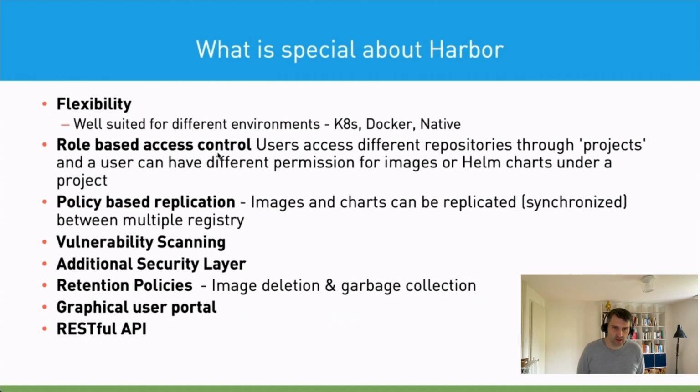Policy-based replication means you can replicate your images to different other registries. And especially today, because when Docker Hub announced their new tier and pricing policy, and also the limitations on the pull and push limits, many people immediately started to move away from Docker Hub to ACR, to ECR, and all other registries.